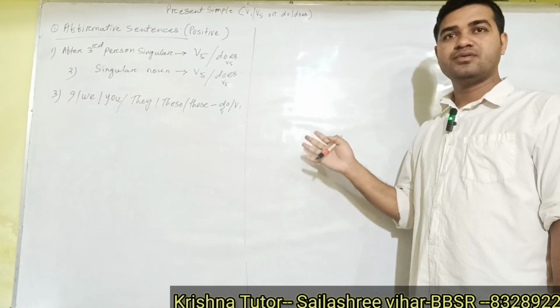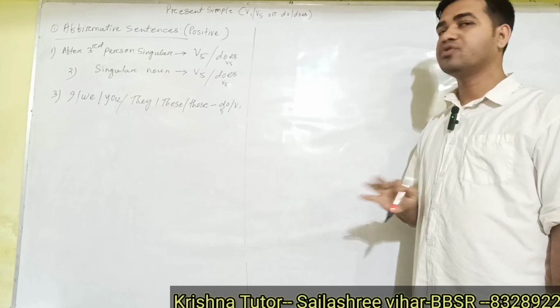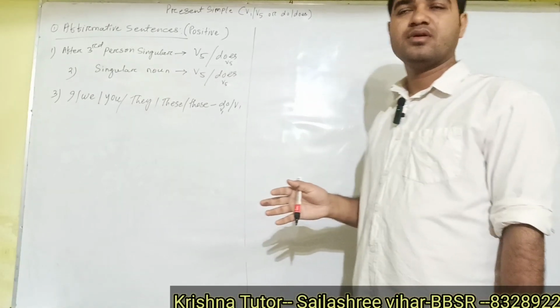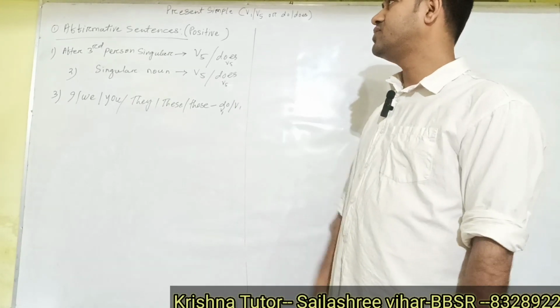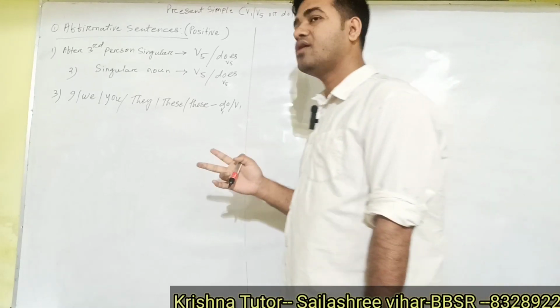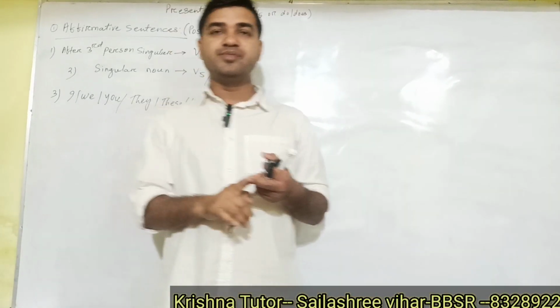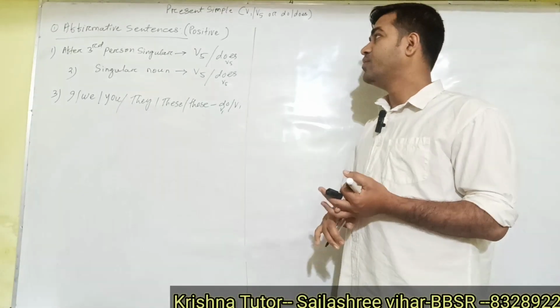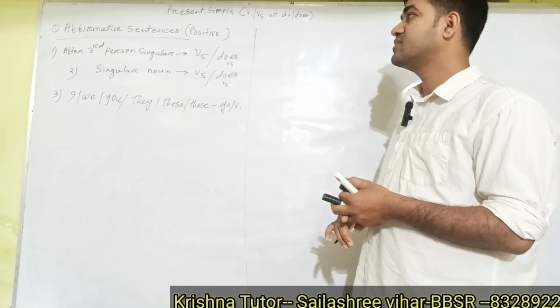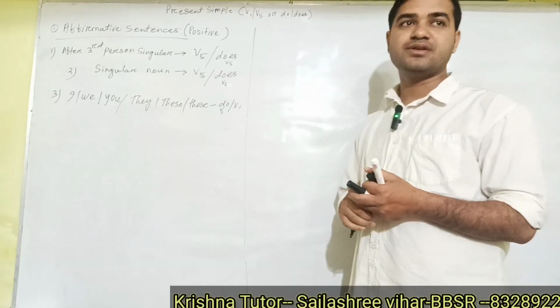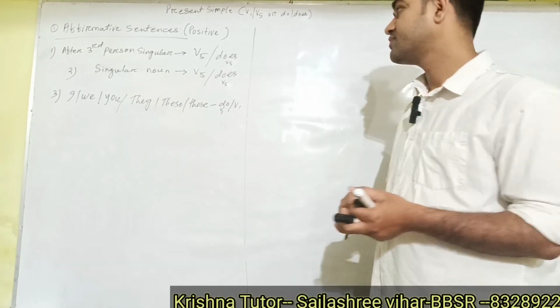Already told you, assertive or declarative both are same, and assertive sentences are of two types: positive sentence and negative sentence. Positive sentence is also called affirmative sentence. Negative sentence is called negative sentence or negation.